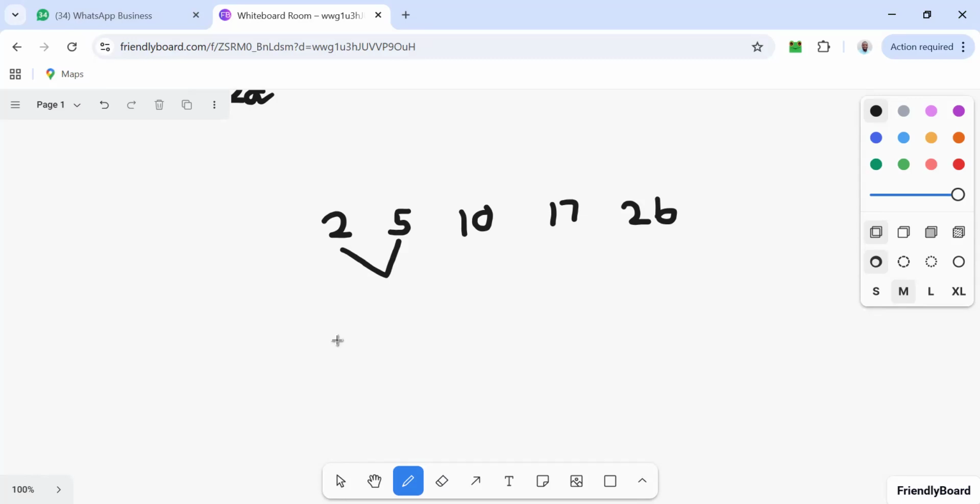Here the difference is going to be 3. Then the difference here is going to be 5. The difference here is going to be 7. The difference here is going to be 9. So this will be our first difference row.